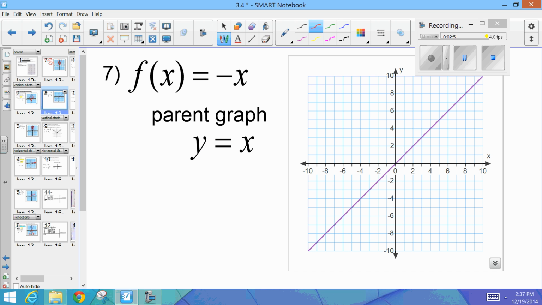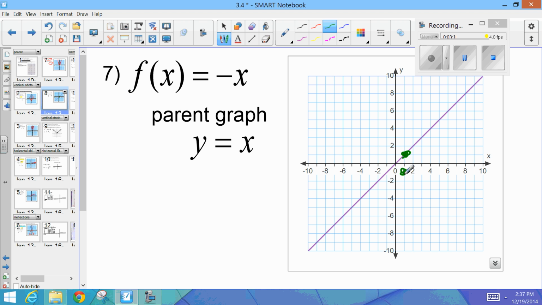Okay, now I've got a linear graph, okay? And so here I've got a negative that is not inside parentheses, so this is being reflected across the x-axis. So let's think about the point 1, 1, reflected across the x-axis goes to 1, negative 1.